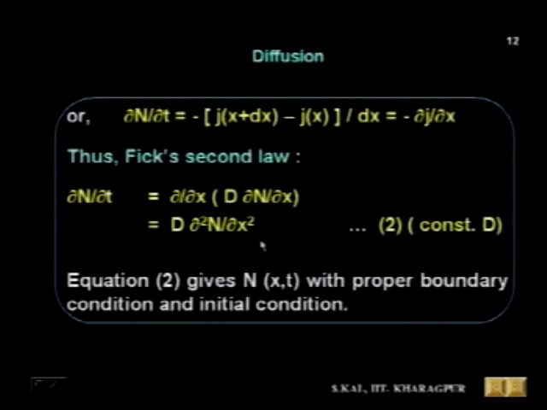Now here if you replace J, because J in equation 1 is given by J is equal to minus capital D del n del x. If you replace the value of J here, then this equation comes as del n del t is equal to del del x of D del n del x, because one negative sign was there in the J expression and here another negative sign, so automatically this is positive.